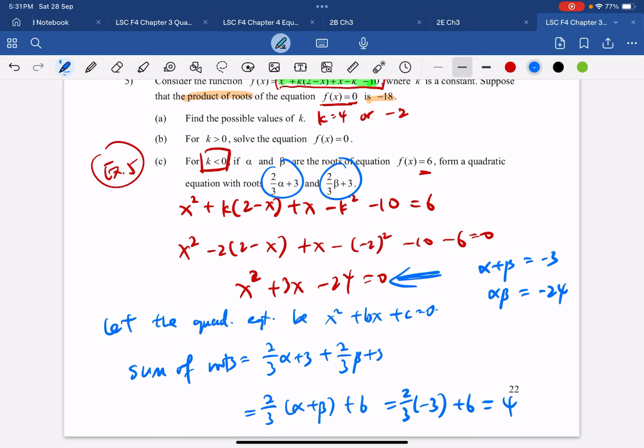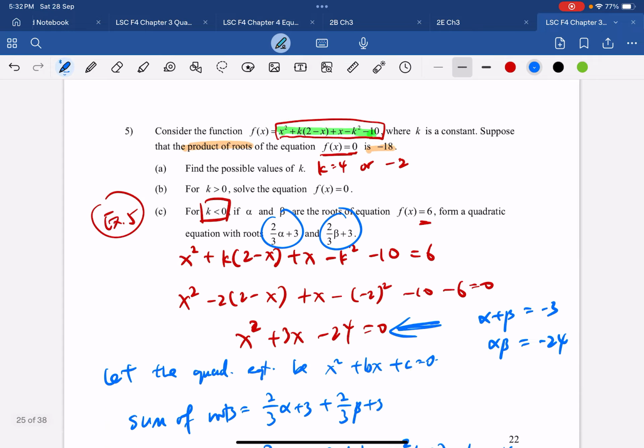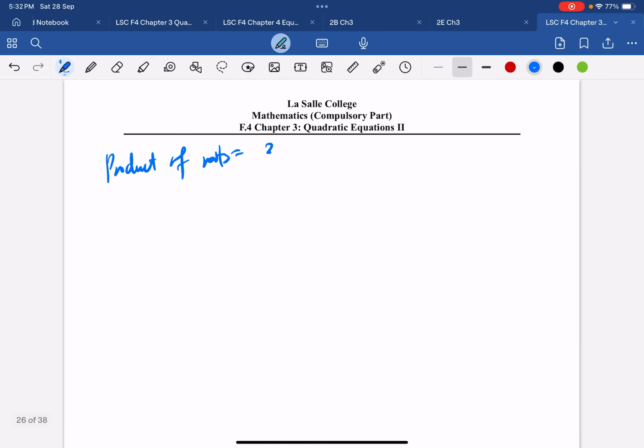Okay? So after working with the sum of roots, you work with the product of roots. So for this equation, x squared plus bx plus c equals 0, the product of roots is this. Okay, again, you simplify it.